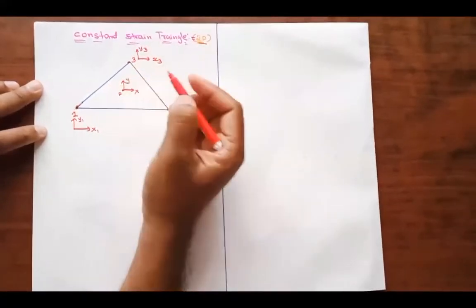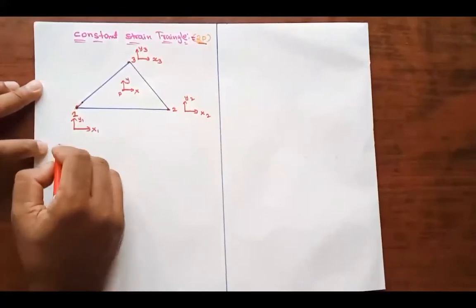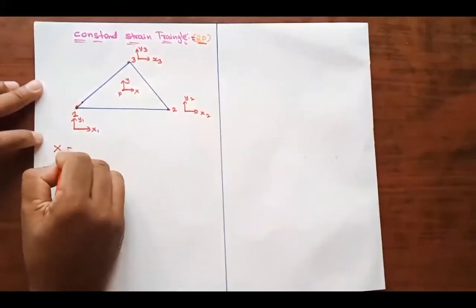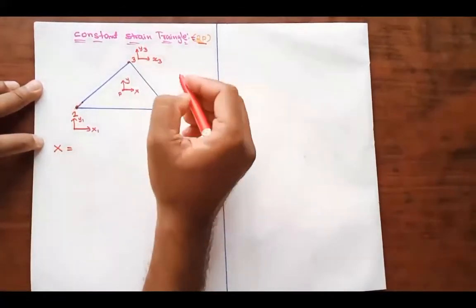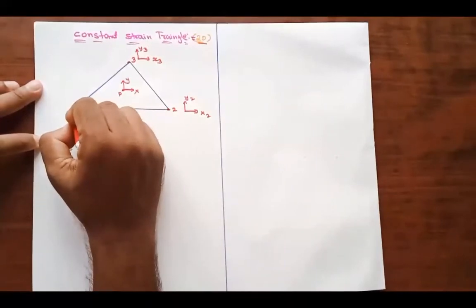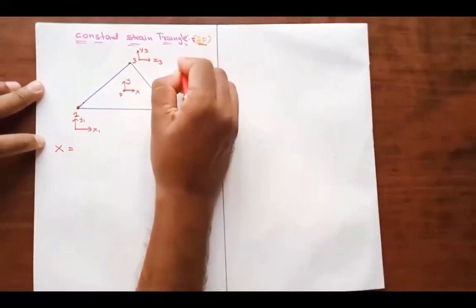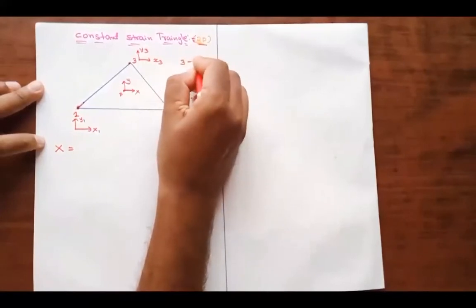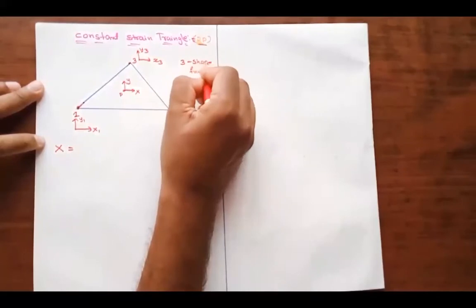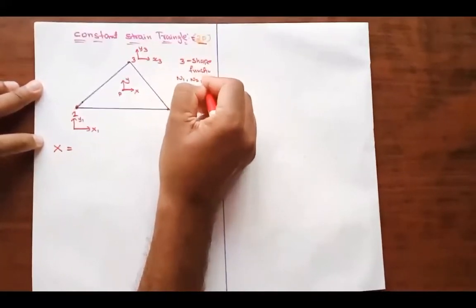So now let us define the x component. The capital X would be the x component and this can be defined using the shape functions. Here there are three nodal numbers, so therefore you are going to get three shape functions, which may be called capital N1, N2, N3.